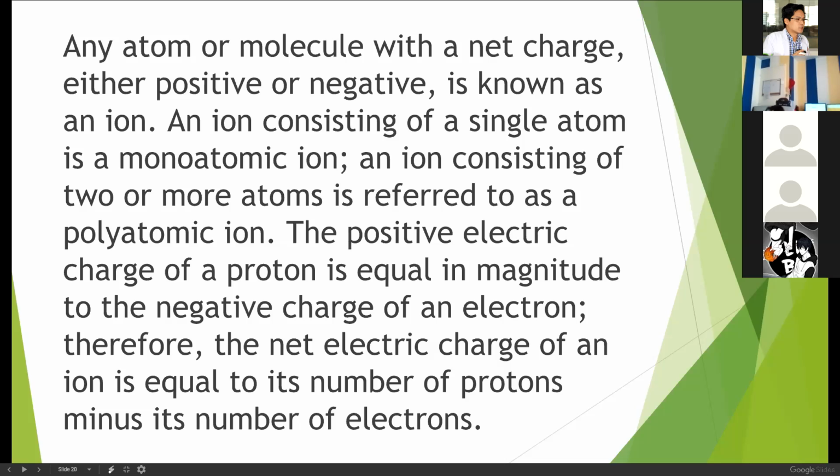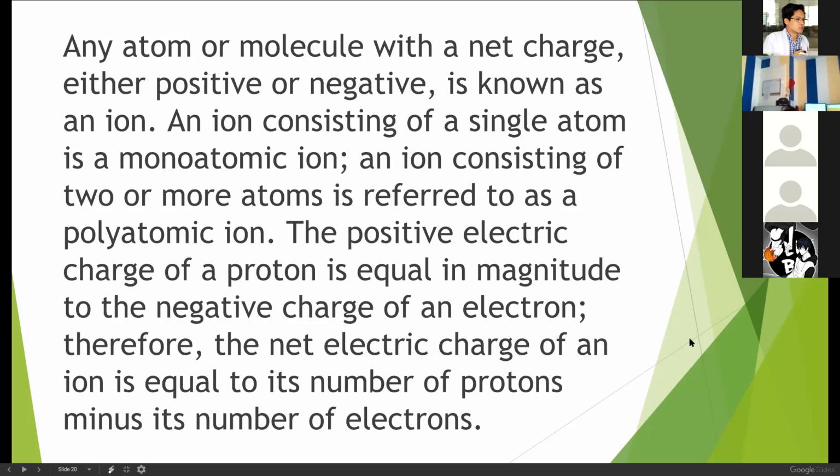Mono means one. An ion consisting of two or more atoms is referred to as a polyatomic ion. The positive electric charge of a proton is equal in magnitude to the negative charge of an electron.